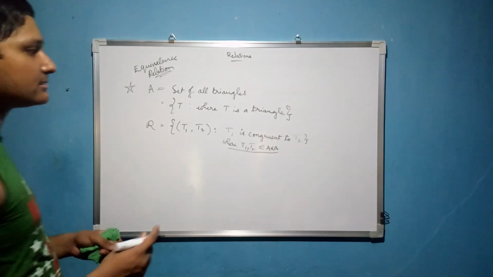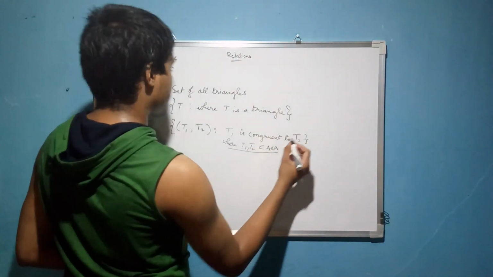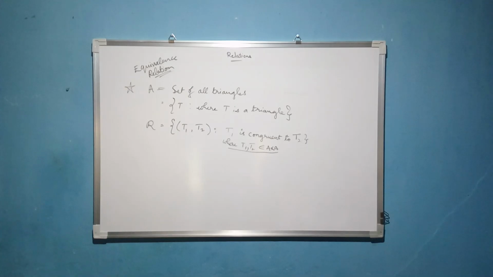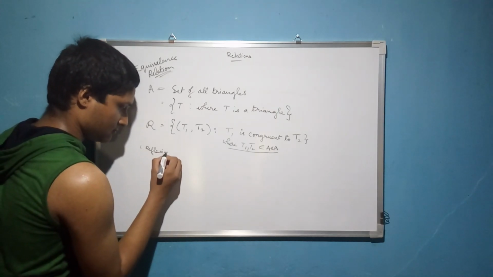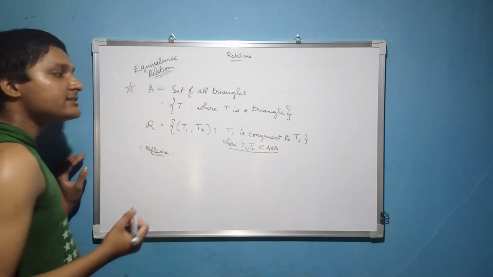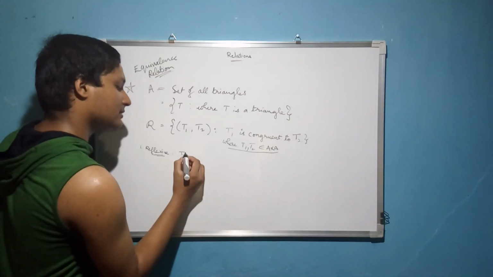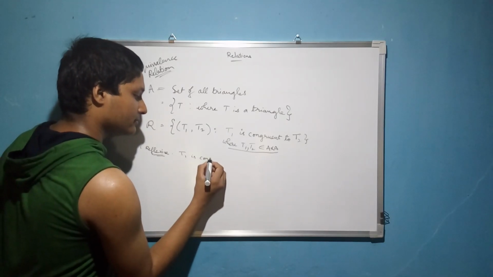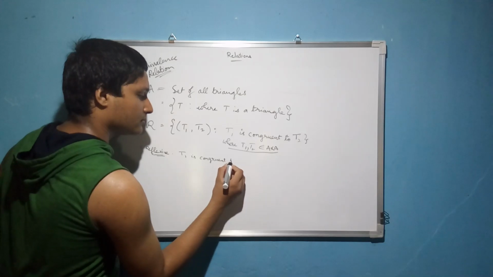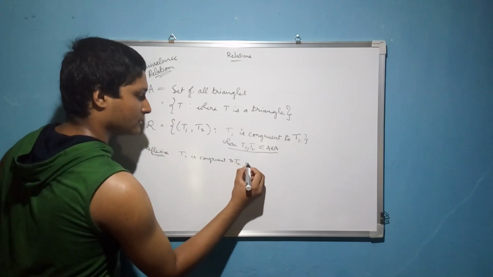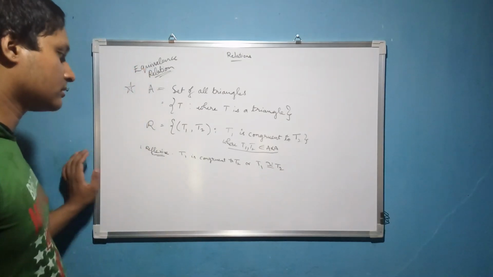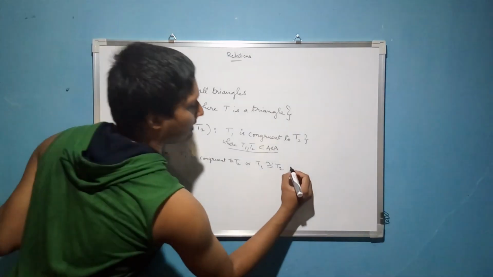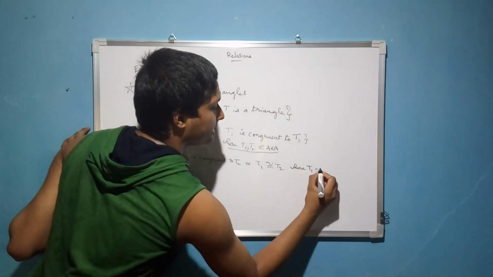Now we need to check whether this relation is an equivalence relation. The first case, you need to find whether it is reflexive. If it is reflexive, that means T1 is congruent to T2, where T1 is equal to T2.